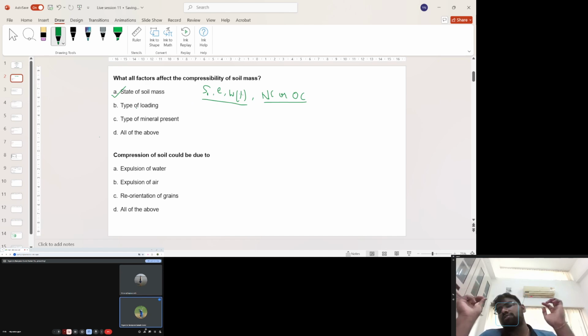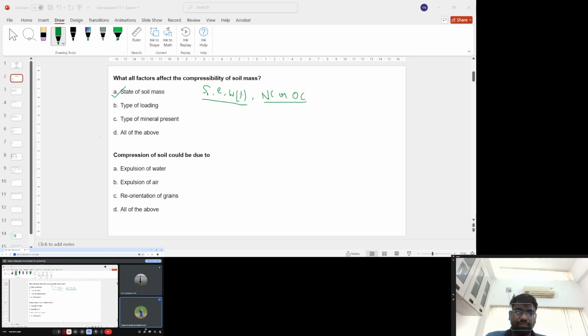The second is type of loading. What does type of loading essentially mean here, and what does it govern? Any idea? That is indirectly related to the first option also.